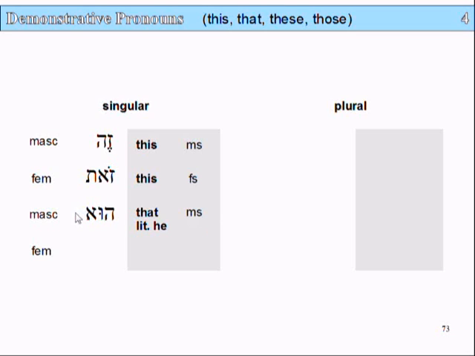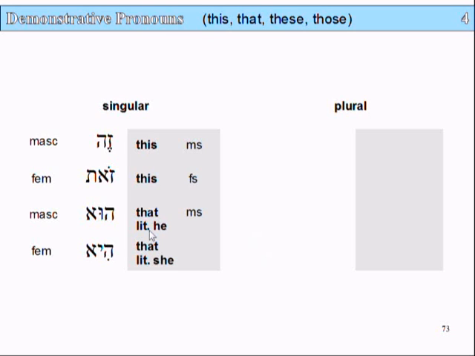And how do you know whether this is translated he or that? Well, you just know by context. And if it's a thing, then in English we don't usually call things he's or she's. We call them thises and thats and so forth. So that would be a that, hu. And the feminine word for that is, not surprisingly, the feminine word for she.